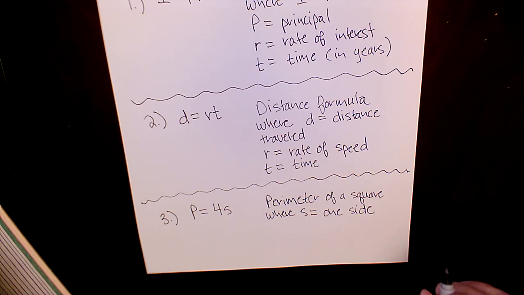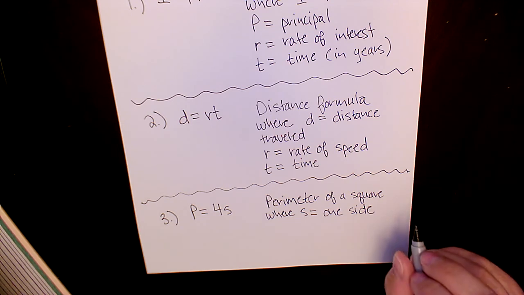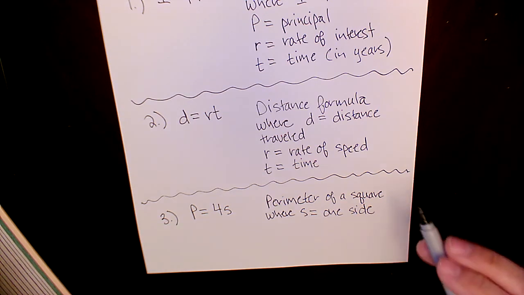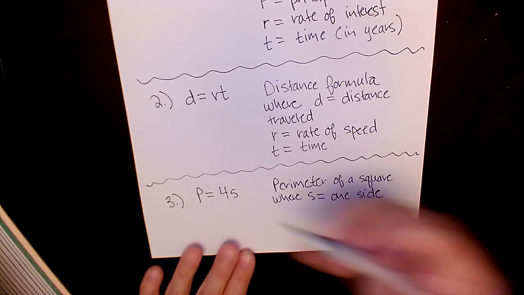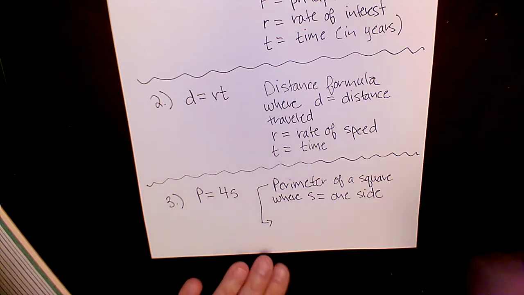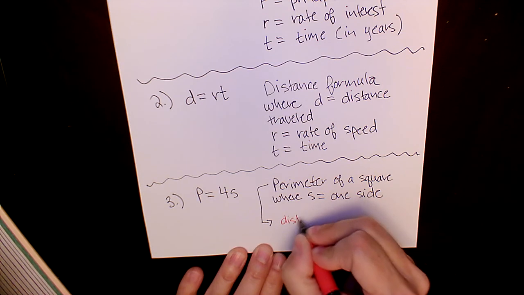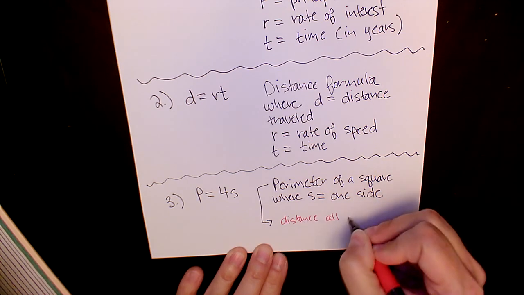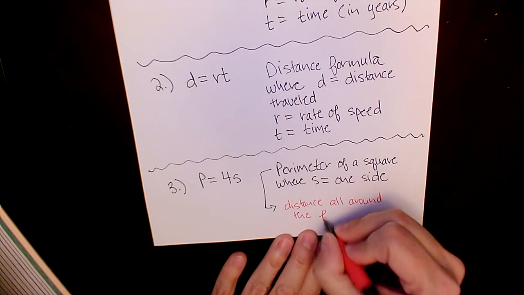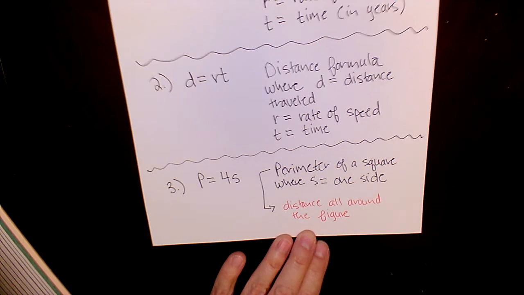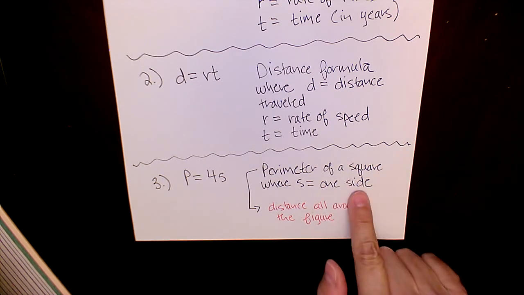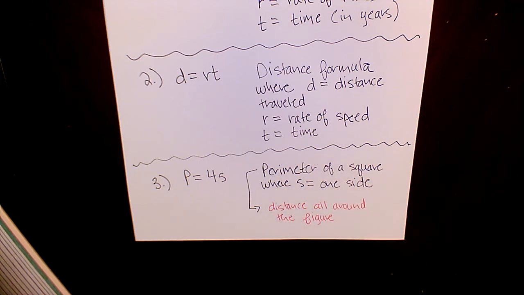Does everybody recall what perimeter is from Math 85, or if you didn't have Math 85? Perimeter is the distance all around the figure. So here we have a square, and all sides are equal on a square, so if we find one side, we know what each of the other three sides are.